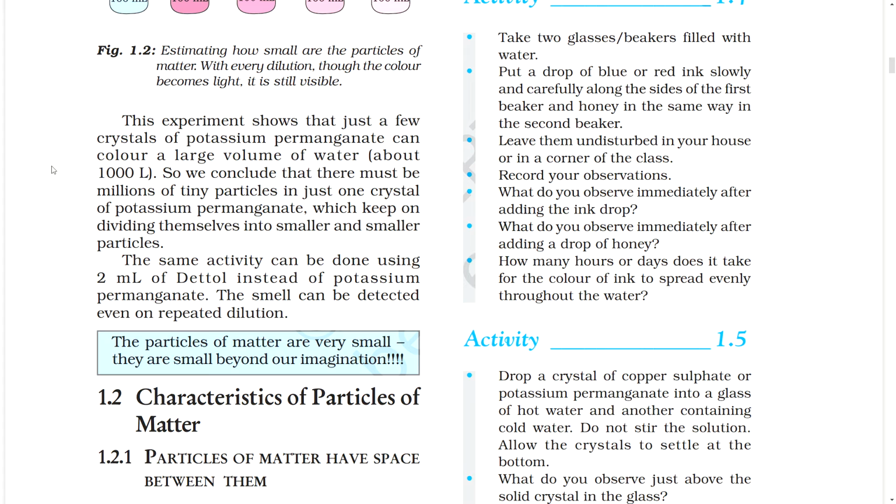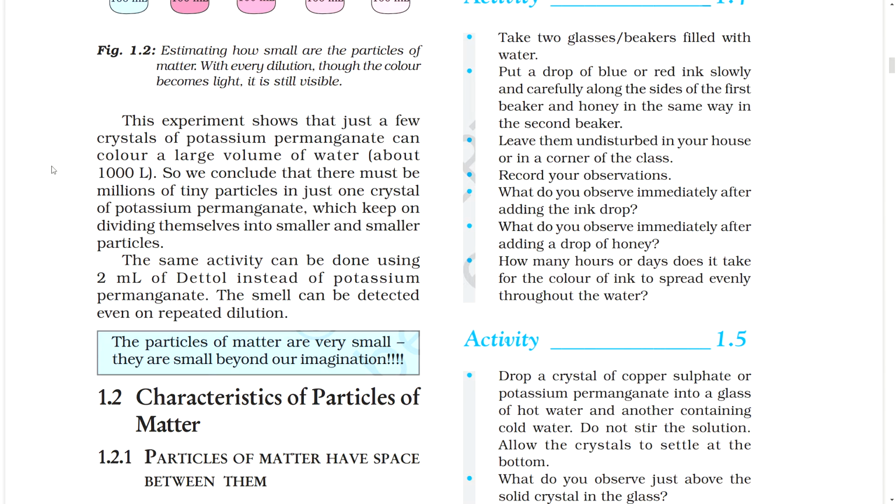This experiment shows that just a few crystals of potassium permanganate can color a large volume of water, about 1000 liters. So we conclude that there must be millions of tiny particles in just one crystal of potassium permanganate, which keep on dividing themselves into smaller and smaller particles.